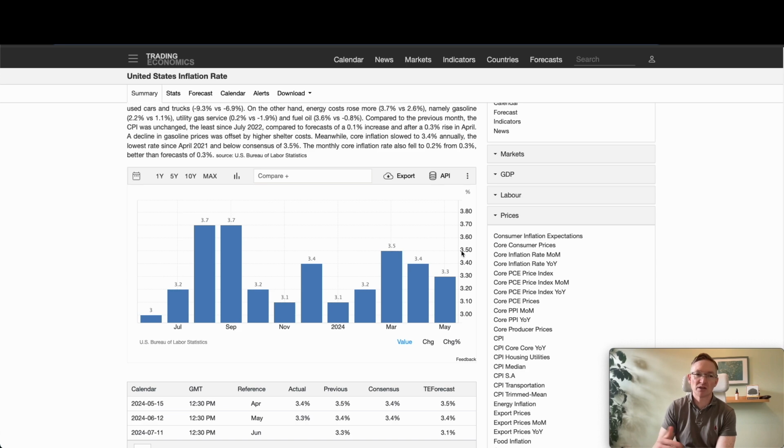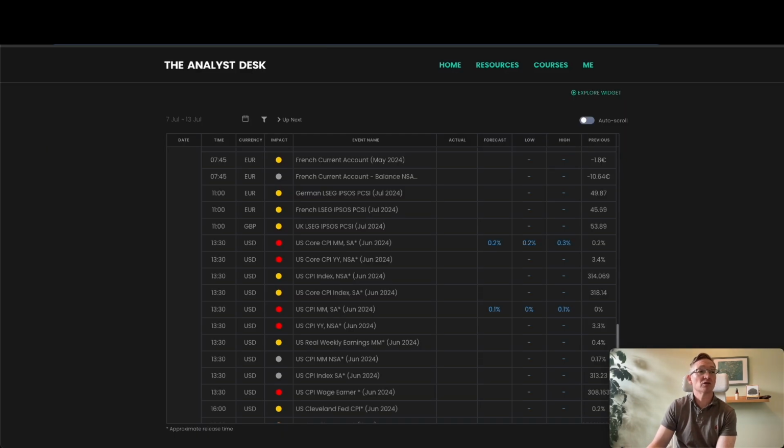A surprise move higher, we could see a bit of dollar buying coming in, but really we're looking for another consecutive drop. And if we see another consecutive drop, look for dollar weakness, and that could be a good opportunity maybe to go long the euro dollar, depending on the election results at the start of the week for Monday.